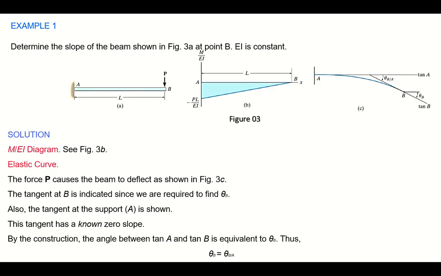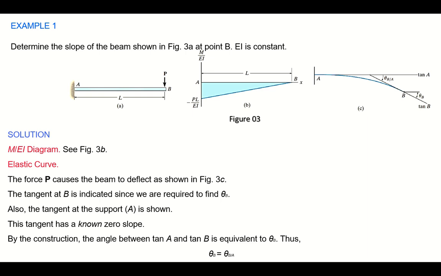Now considering example 1, which is a simple example, it says to determine the slope of the beam shown in figure 3a at point B. This is a simple cantilever beam subjected to a point load at its free end, and we just need to calculate the slope, right? So slope is our theorem number 1, if you remember.